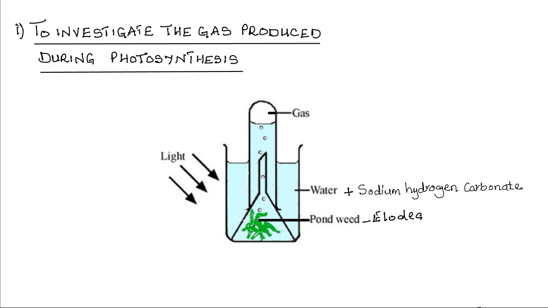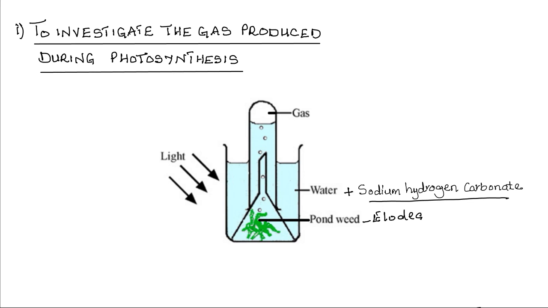Now, given that water usually has a low concentration of carbon dioxide, the water is enriched with CO2 through the addition of sodium hydrogen carbonate, which dissolves to release carbon dioxide.